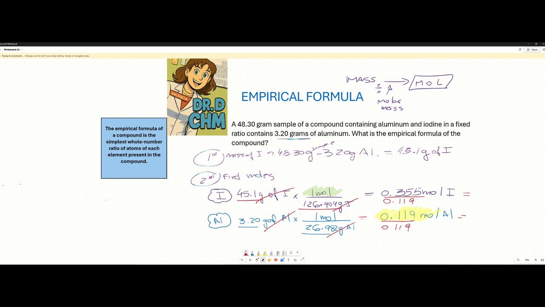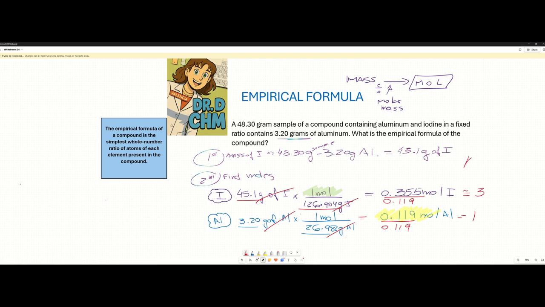So I have aluminum 1, and this is almost 3 times. 0.355 divided by 0.119 gives me close to 3.